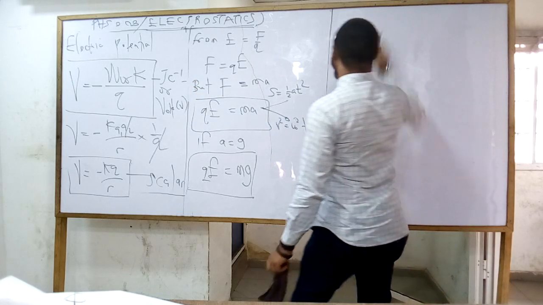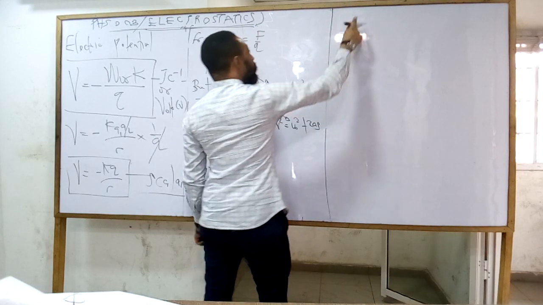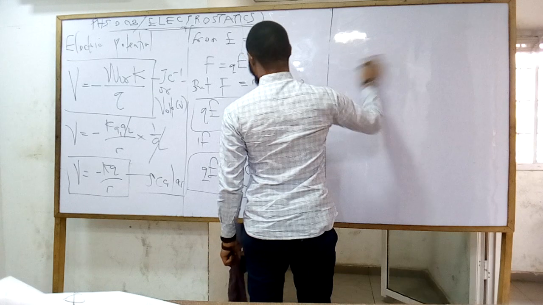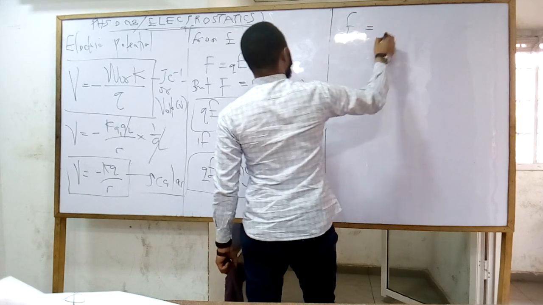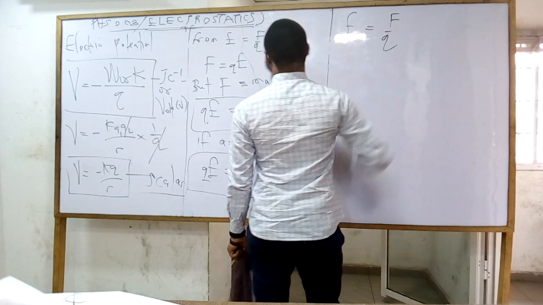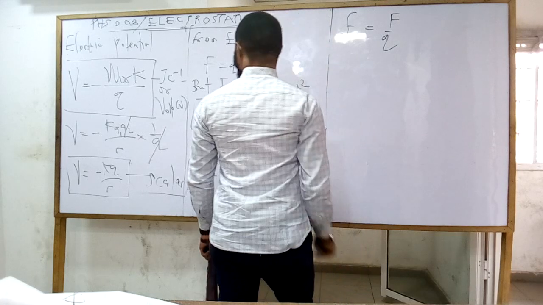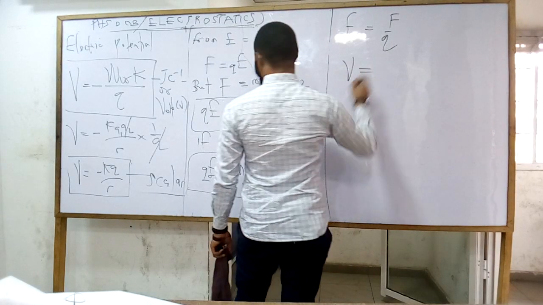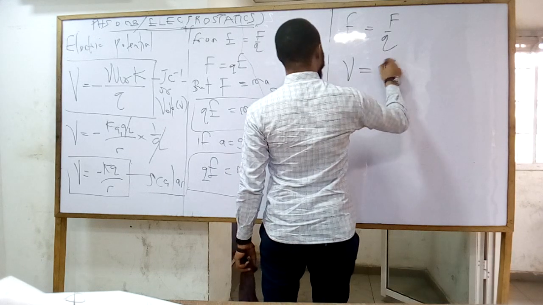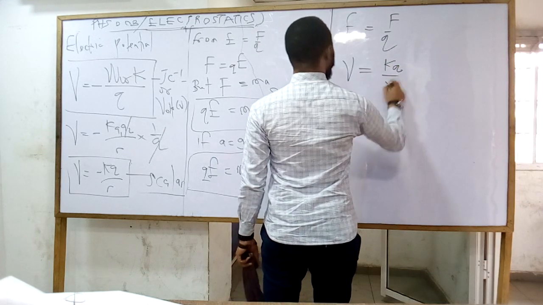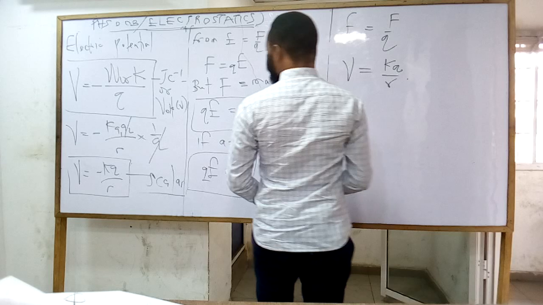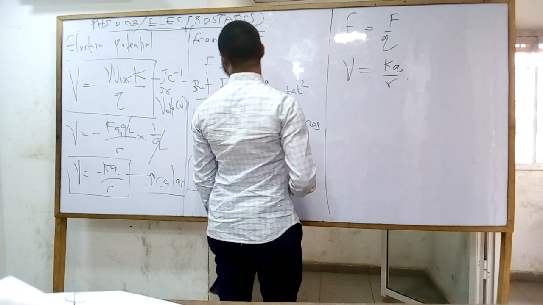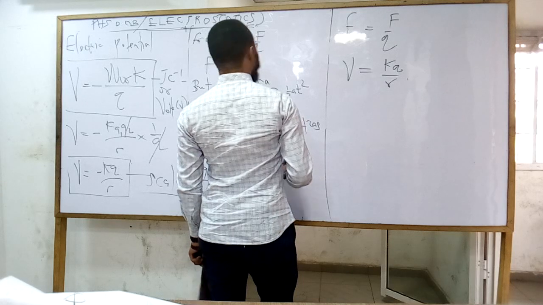How? You remember we said E equals F over Q. Also, we know that V equals KQ over R. These two can be related in a single expression.